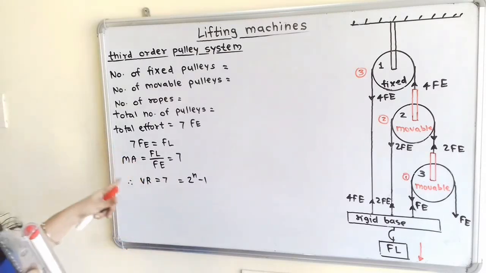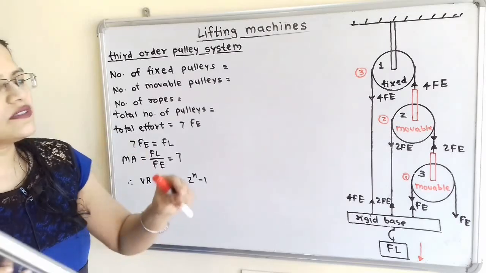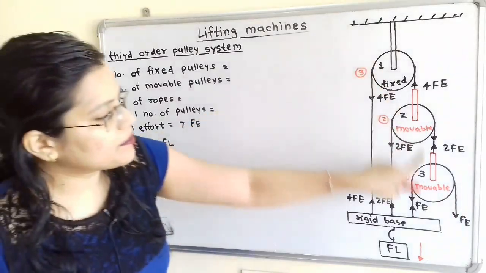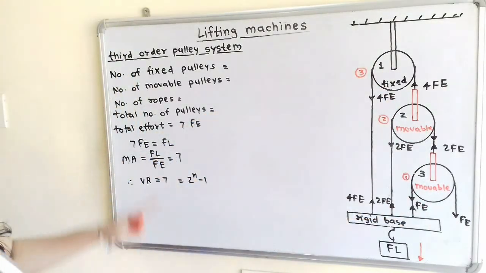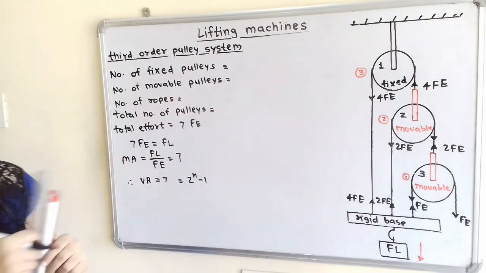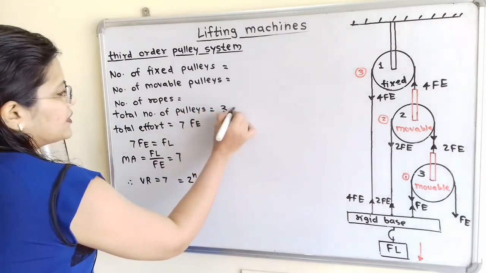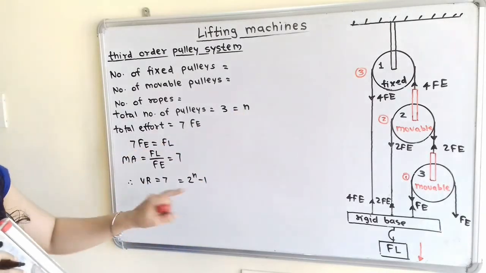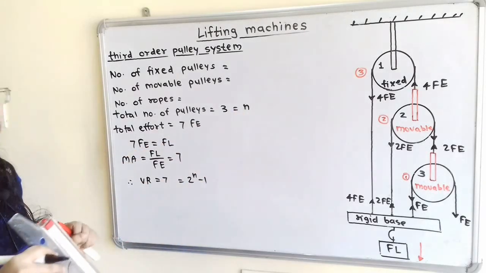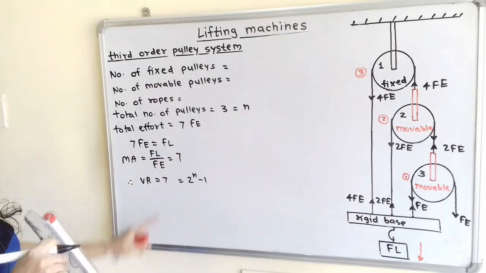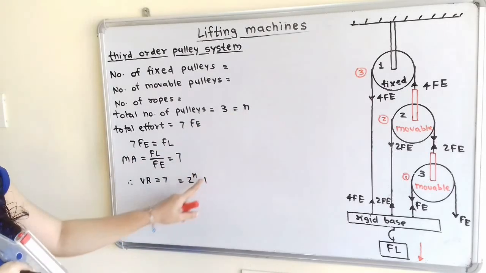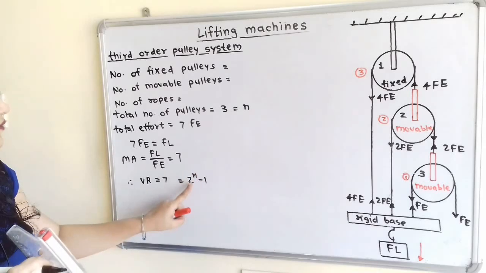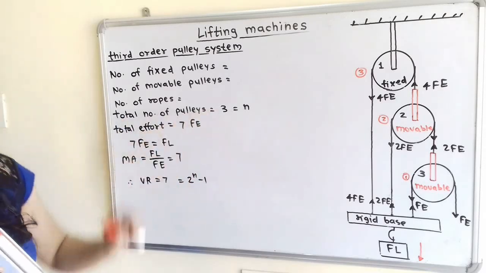Now in this case we will consider all the pulleys. So the total number of pulleys is equal to 3, which is equal to n. How do we convert this 7 into n? We have to write the formula in terms of n. So 7 we can write in another way as 2 raised to n minus 1, where n is the total number of pulleys.